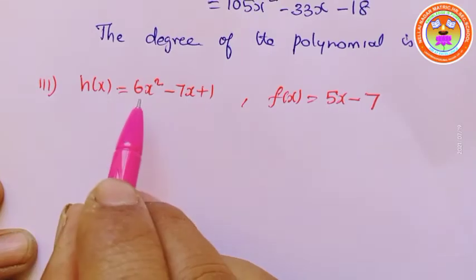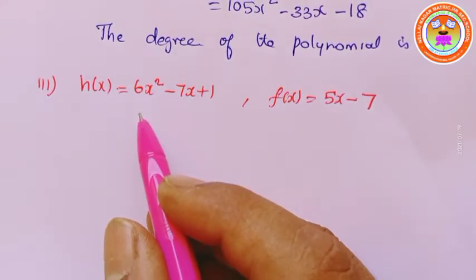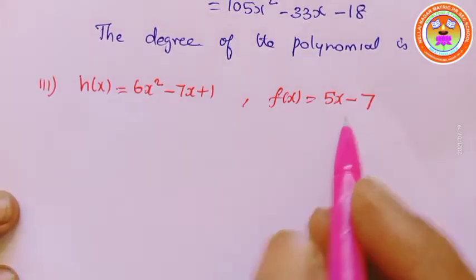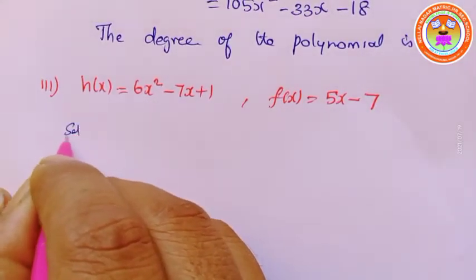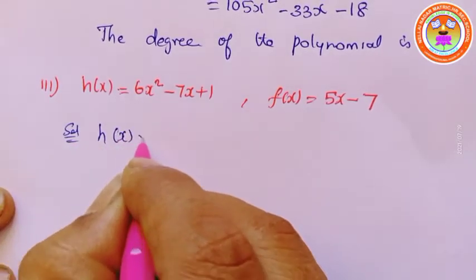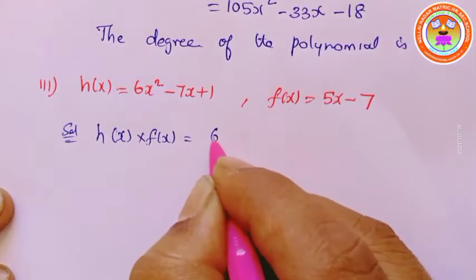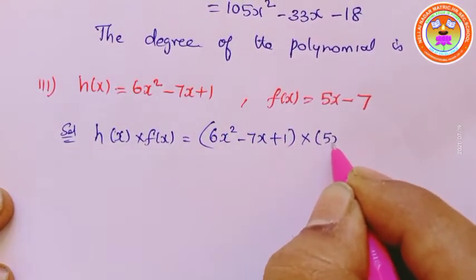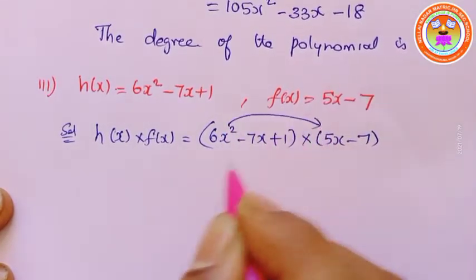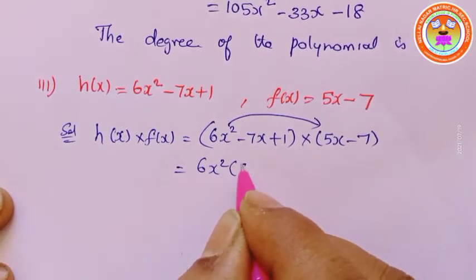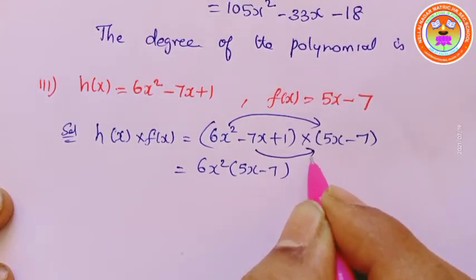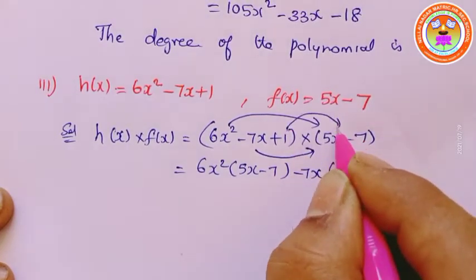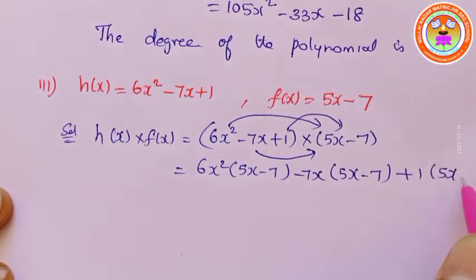Third subdivision, h of x equal to 6x squared minus 7x plus 1 and f of x equal to 5x minus 7. Right. Solution, you are going to multiply h of x into f of x. So 6x squared minus 7x plus 1 into 5x minus 7: 6x squared into 5x minus 7, again minus 7x into 5x minus 7, again 1 with 5x minus 7.